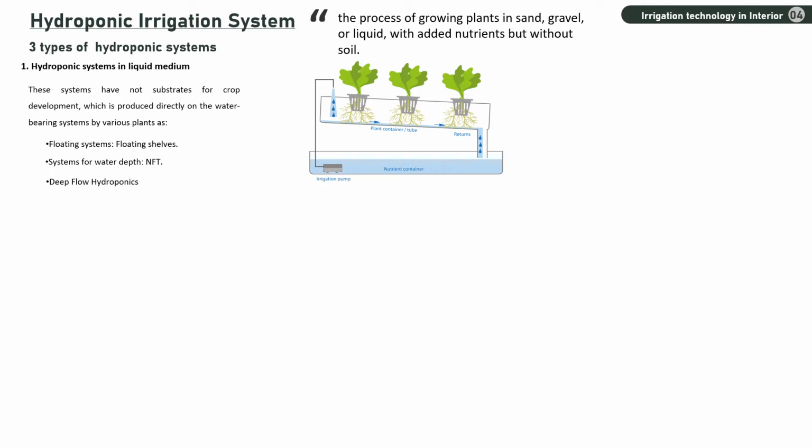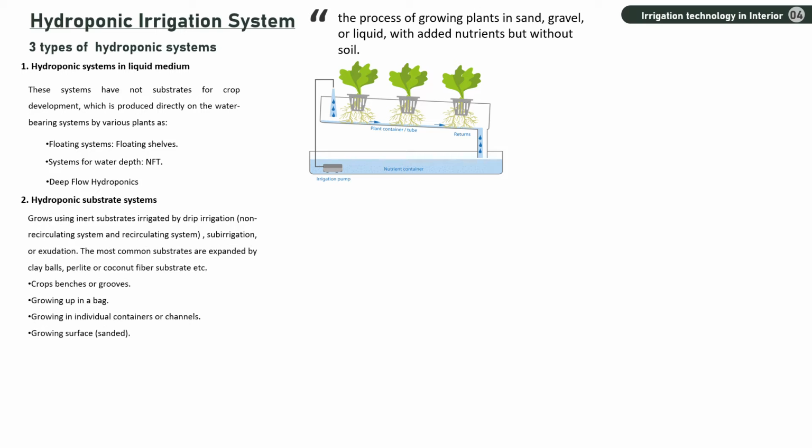However, the method is not applied very often since, especially in longer or larger systems, the supply of oxygen to the plants varies, resulting in uneven plant growth. So they usually use the floating system and the system for water depth, or as we call it, NFT.